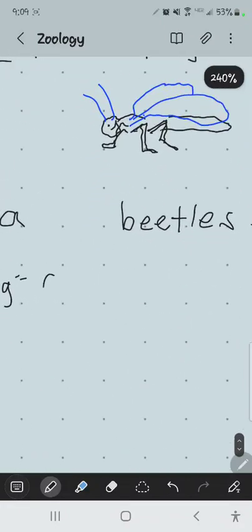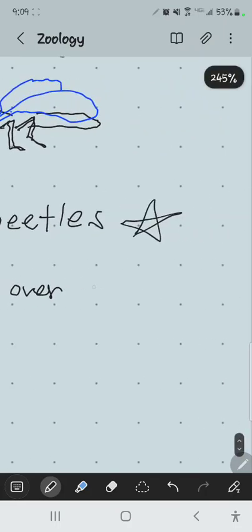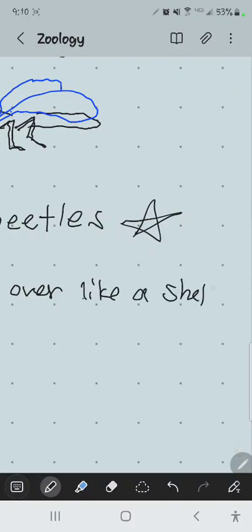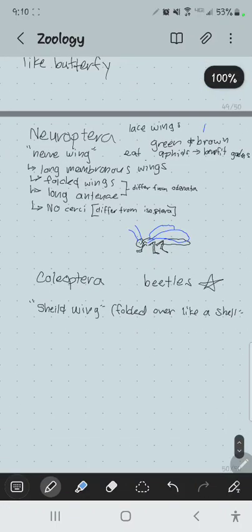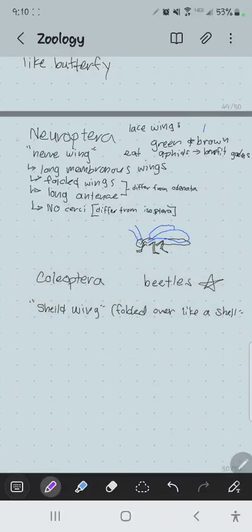So essentially the wings have been modified into more of an armor coating than for flight. Although many beetles can fly, they usually lift their front wings and then use their hind wings for flying.